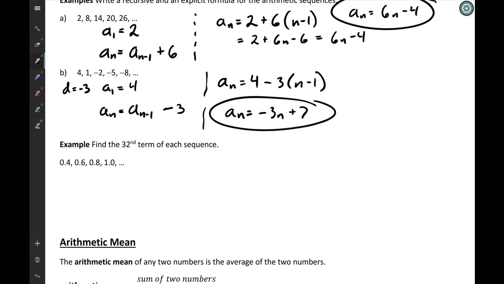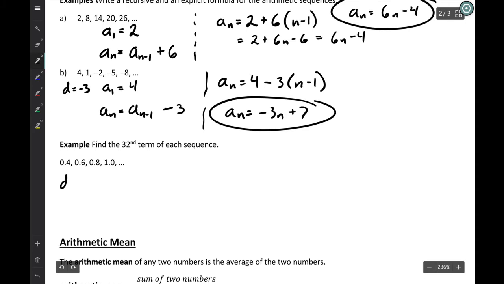For instance, if I want to find the 32nd term, if I was given a recursive formula, I'd have to write down 31 terms before I got to that one. But if I write an explicit formula first, you can quickly find the 32nd term by just plugging in 32 for n. So let's go through and do this.